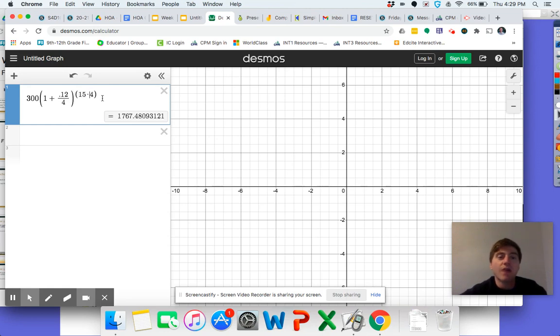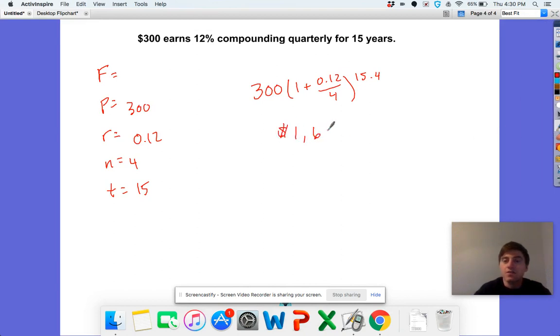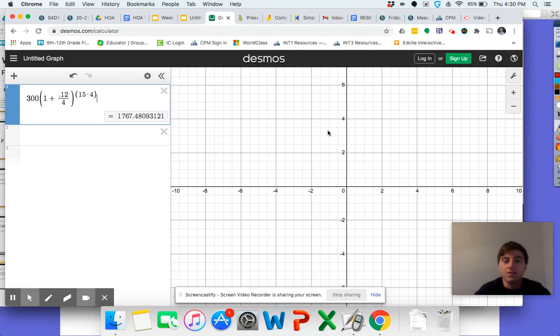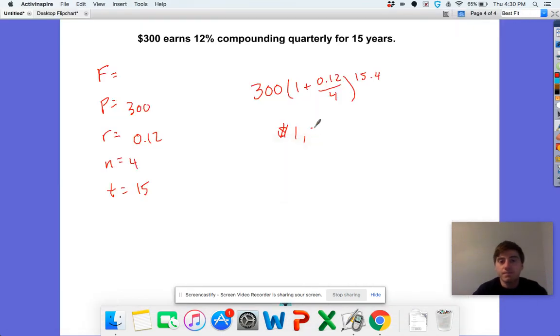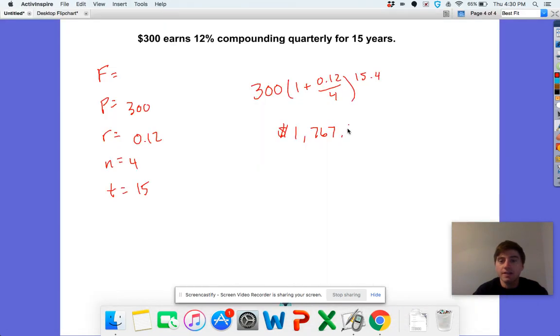So yeah, if it's taking you out of the exponent, when you do that, just throw these guys in parentheses and it'll say that is my exponent. So there you go. There's your answer, $1,767 and 48 cents. And there it is. That's all you got to do. We've got a little formula.